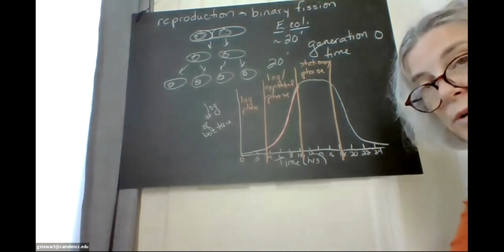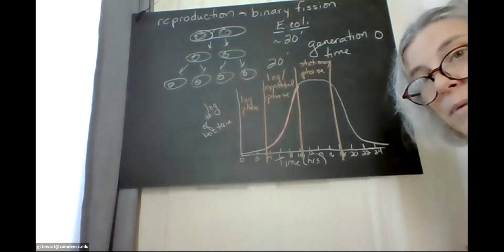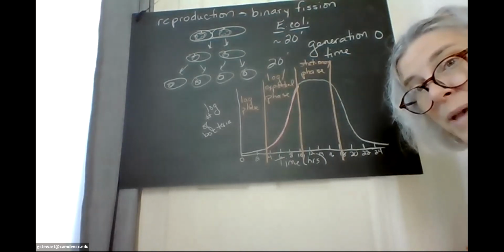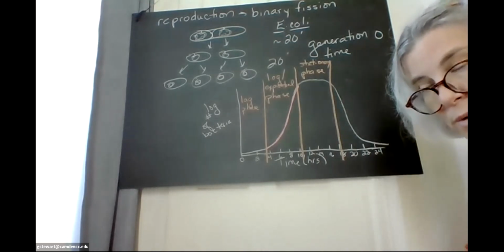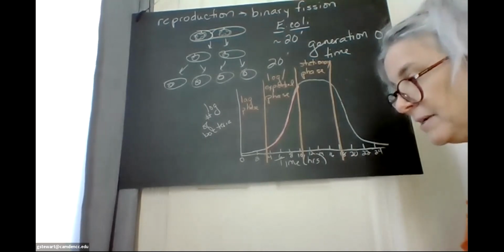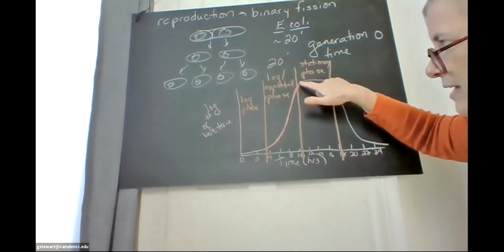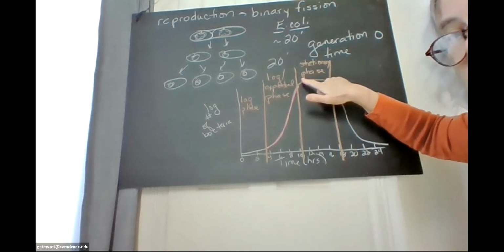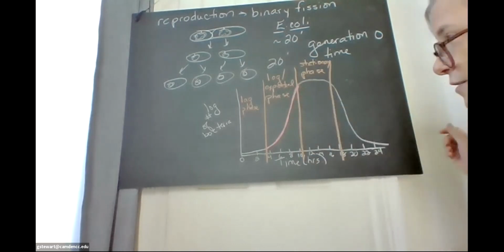It might switch to fermentation when it hits the stationary phase, taking byproducts that might make things taste bad, organic acids that we wouldn't want if we were trying to produce food or a particular vitamin or pharmaceutical. So once the bacteria hit the stationary phase, usually people want to avoid that. Usually they want to go back into log phase.